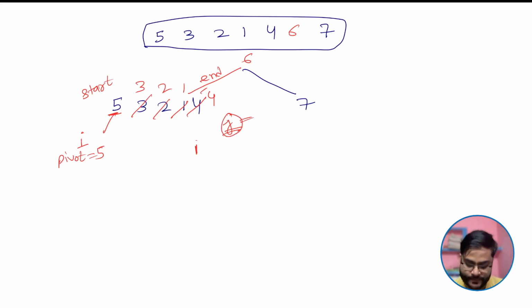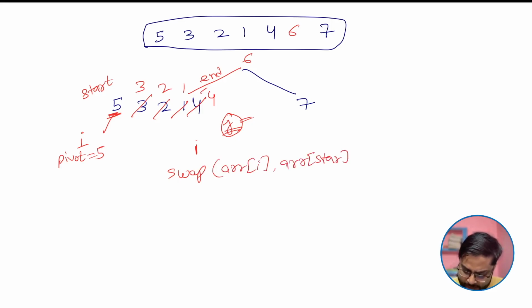Now at the end we have 5 here, right? We have the pivot element here and we have 4 here. So the correct position of my pivot element is at my ith index. So what I will do, I will swap the element at my start index with the element at my i index. Okay, so I will write swap array of i with array of start, because array of start contains the pivot element, right?